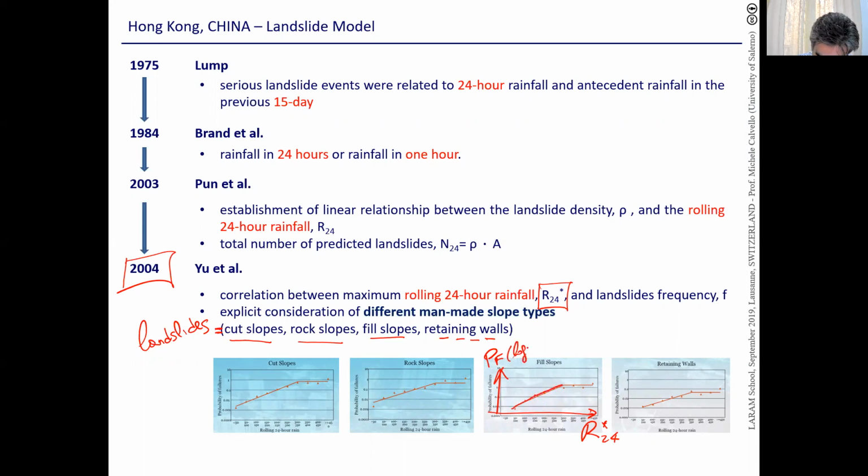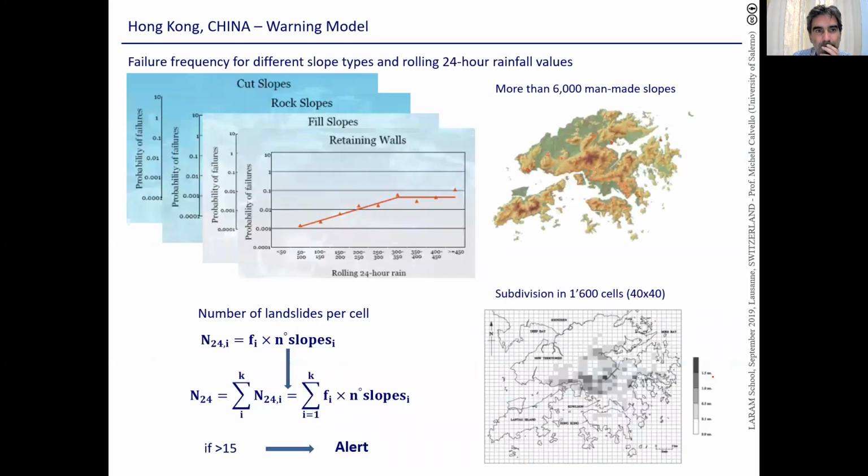This is in log scale. And these relationships, let's say, however, differ from one type of slope to the other: cut slopes, rock slopes, fill slopes, retaining walls. This is the landslide model that they adopt in their system.